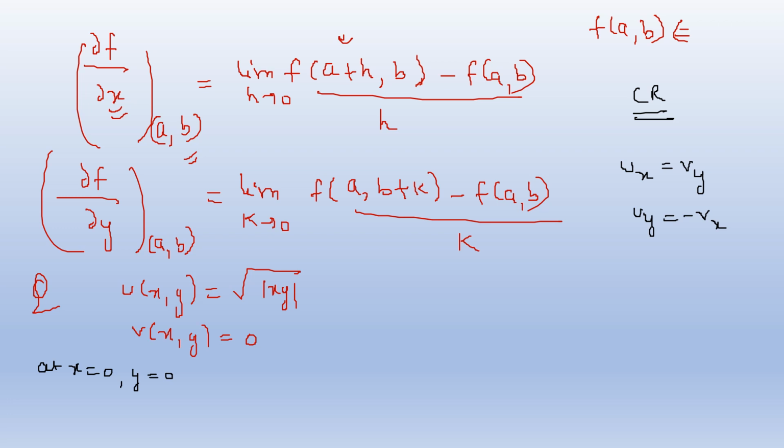Okay, so how can we find out ux? ux is del u by del x, correct? The points are 0 comma 0, right?